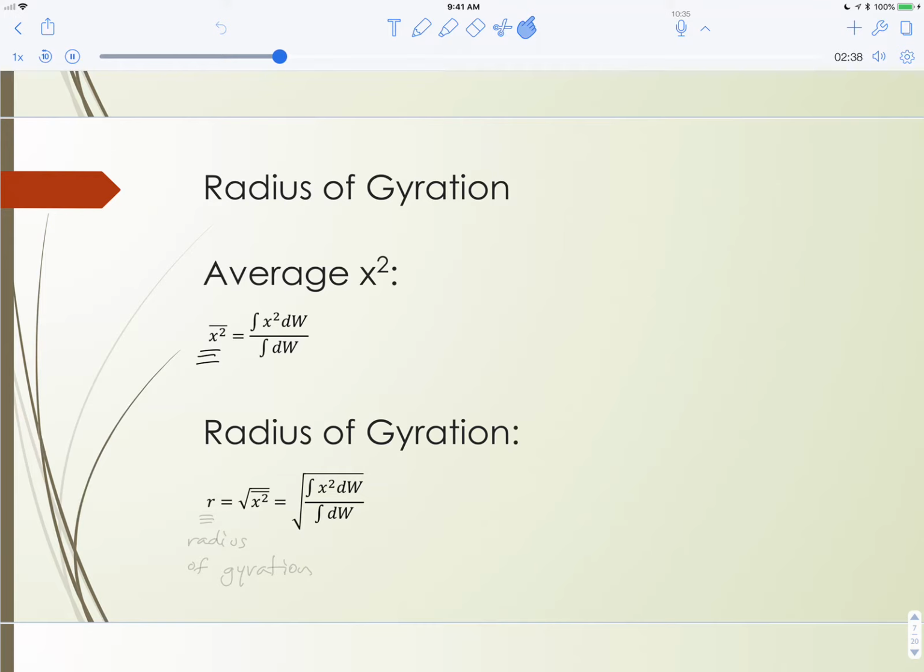And so if you take the square root of this, you get what is called the radius of gyration. It's just the square root of the average x squared. And if you plug that all in, this is what you get.